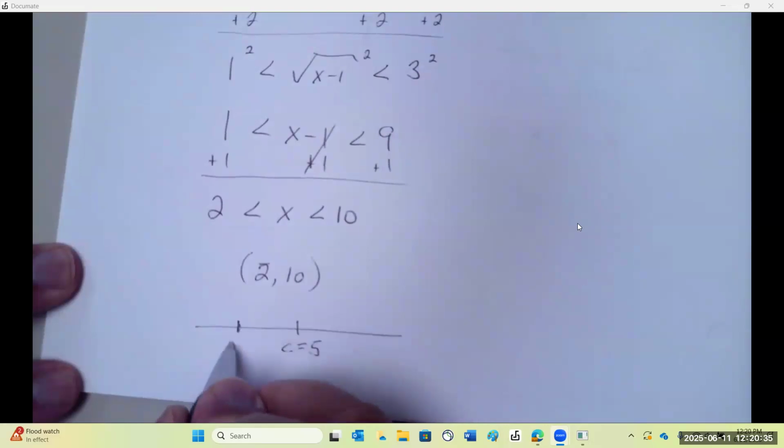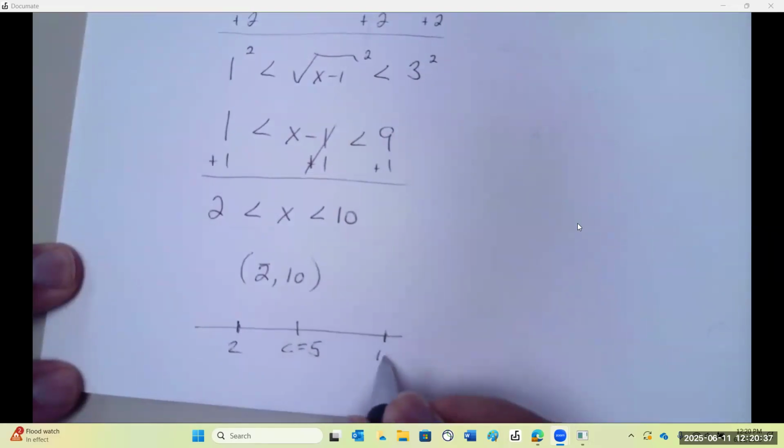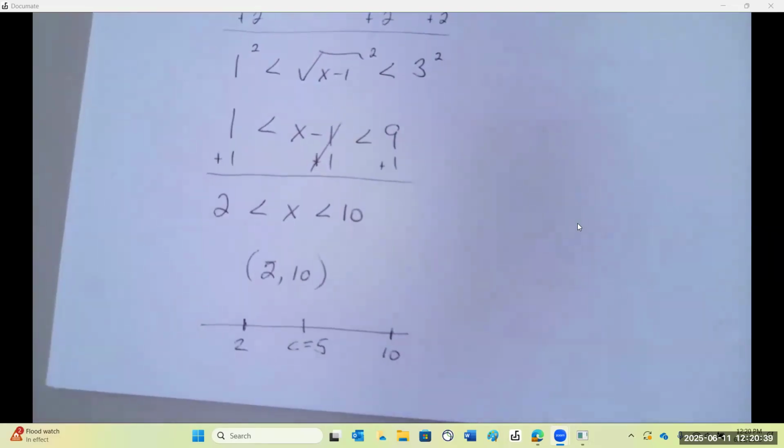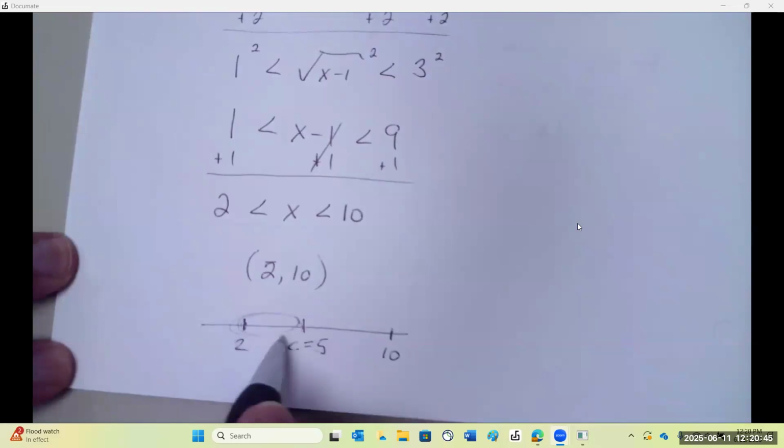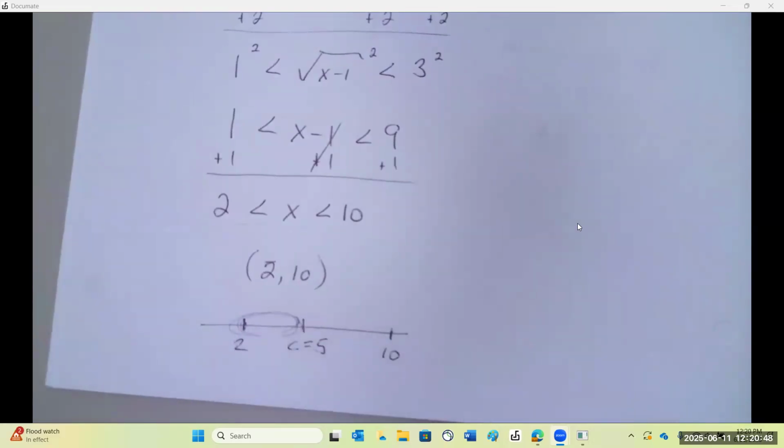And our interval goes from 2 to 10. Is it symmetric? No. So which side are we going to use? We're going to use this side, right?